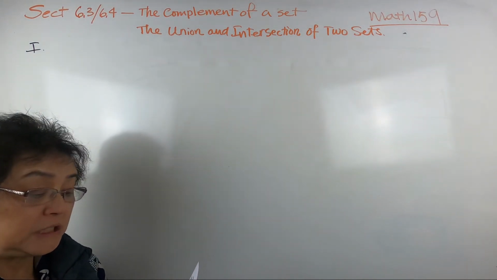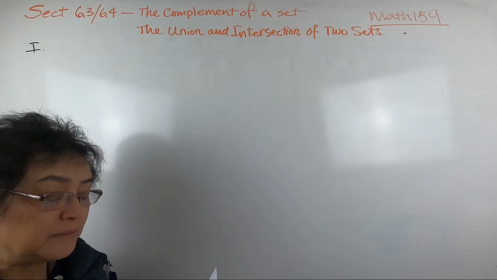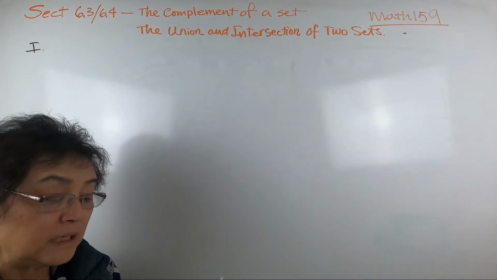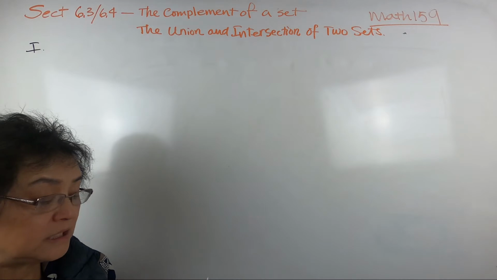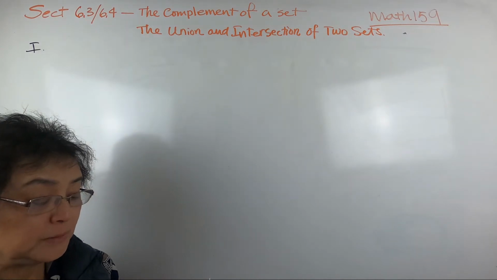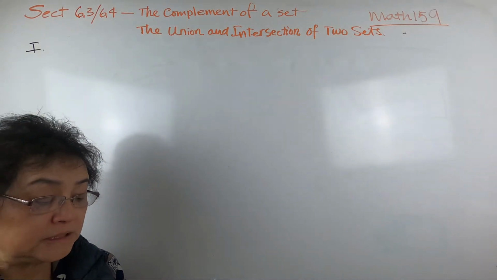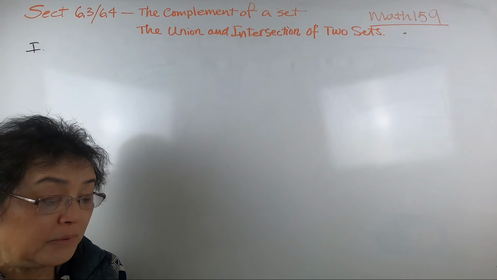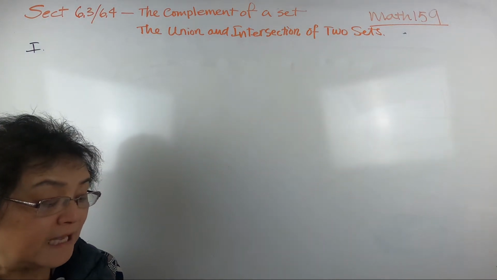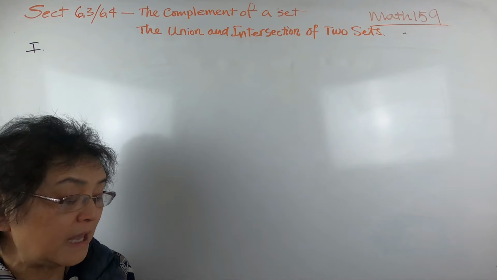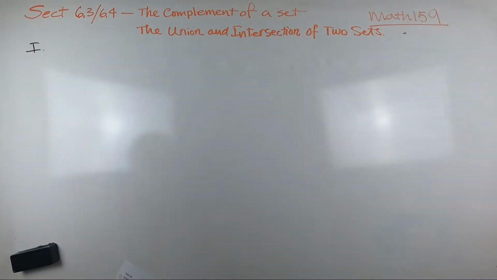Sometimes it is much easier to find the probability of a complement than of the original set. And there is an easy relationship between the probability of an event happening and the probability of the complement of that event happening. Okay, so the formula is this way.